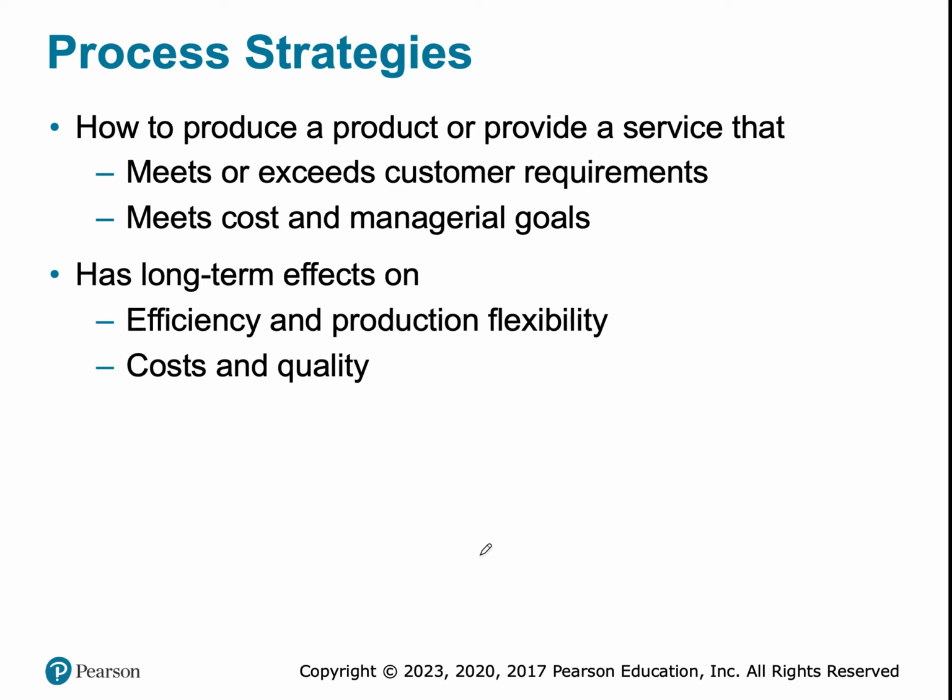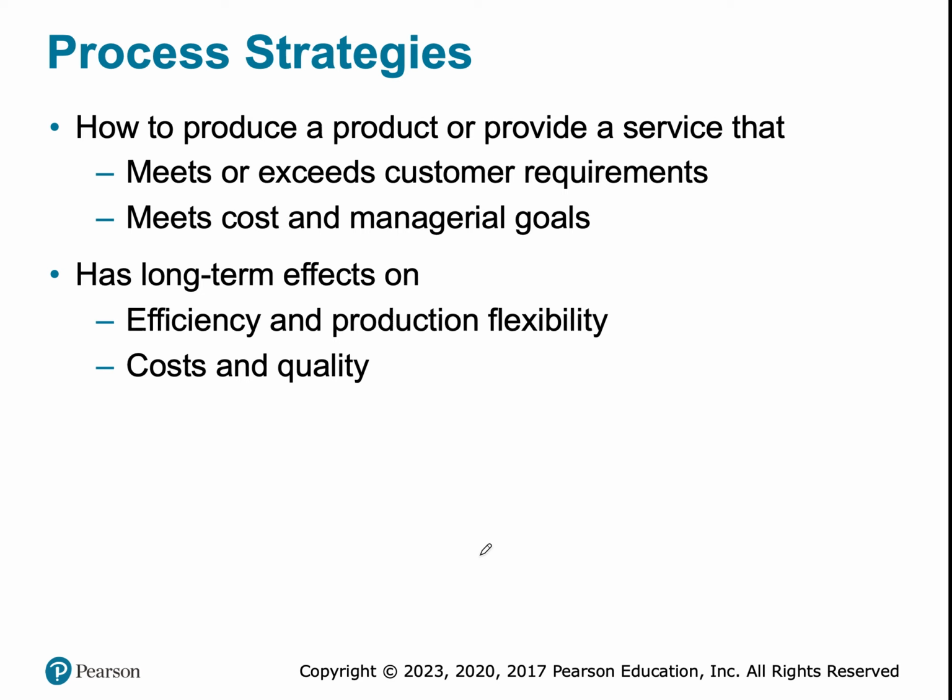So you have to think of how, in your process strategy, in manufacturing processes, you can make a product that either meets the customer's requirement or even exceeds it. Not only product, including providing a service, like telecommunication service, education service, hospital service, not only product.